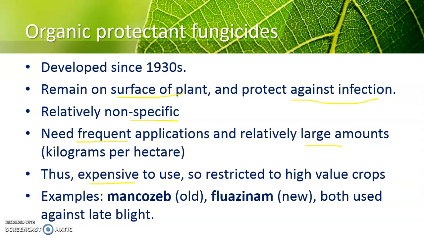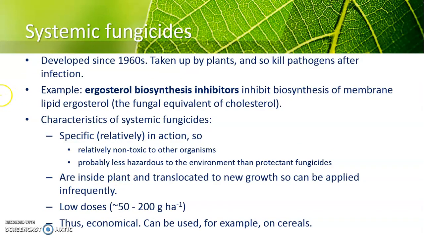So besides the protectant mechanism, what they prefer is the systemic fungicide. Systemic fungicide is taken up by the plants, so it kills the pathogens after the infection. It is very specific, non-toxic to other organisms, less hazardous to the environment, low dose, and economical. So that's why farmers prefer to use systemic fungicides rather than protectant.